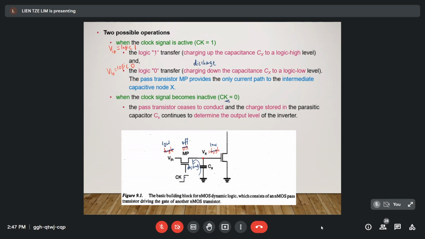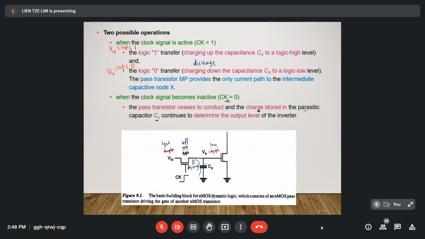Okay, so when the clock signal is 0, the charge stored in the parasitic capacitance, maybe some charge has already discharged, maybe some still remains stored in the capacitor.